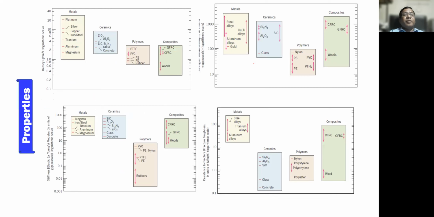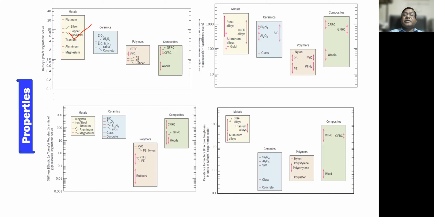Then coming to properties. We can see there are different properties like density, then tensile strength, then stiffness, then resistance to fracture. So we can see metals are everywhere. Metals are good in case of density. It is not good, but okay. Sometimes it is good, sometimes it is bad.